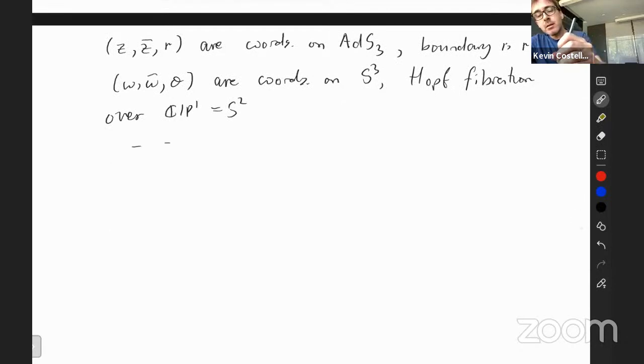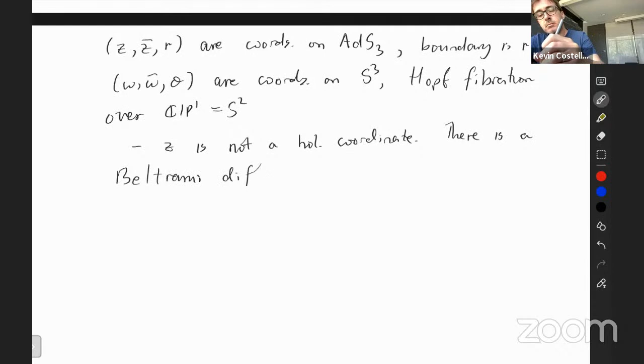Well, Z is not a holomorphic coordinate. There is a Beltrami differential, which looks like mu is a factor of N, I'm going to drop some factors of pi, N squared.